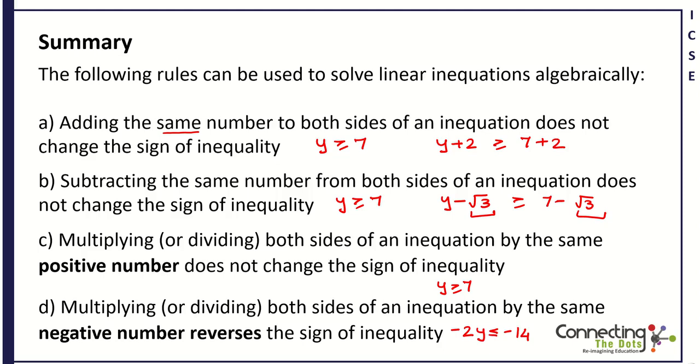What was greater than or equal to here has become less than or equal to when we multiplied both sides by negative 2. And it is the same when I divide both sides by the same negative number. So these are the four rules that we used to solve the inequations.